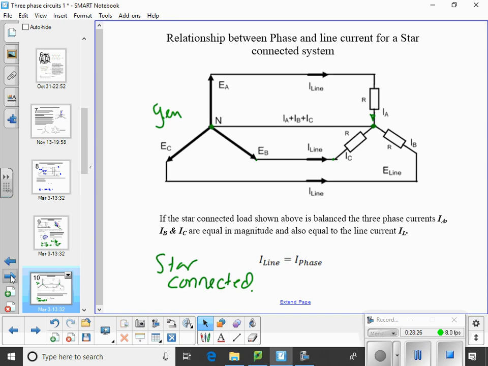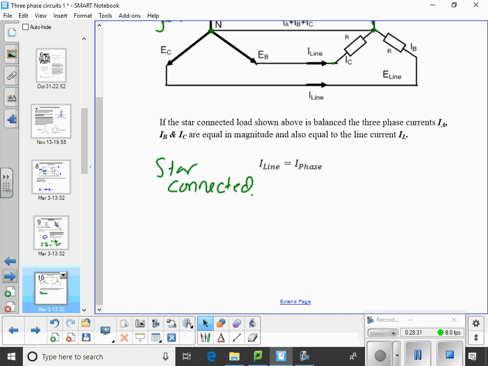So, if the star connected load shown above is balanced, the three phase currents IA, IB and IC are equal in magnitude and also equal to the line current. Right?